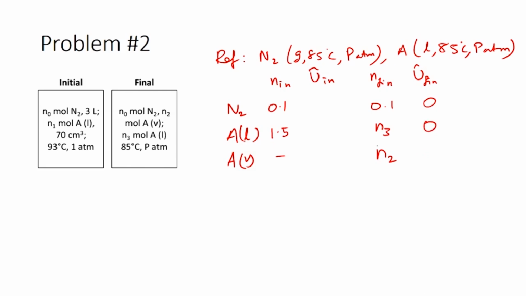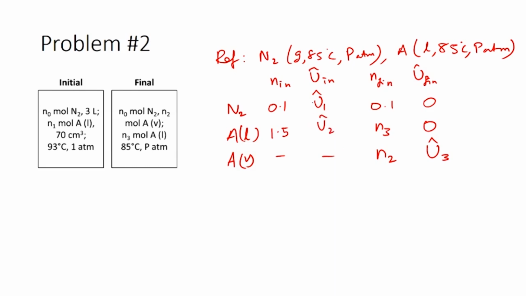However, the final condition for A vapor would have an internal energy that needs to be calculated, and similarly you would have internal energies for these two terms that have to be calculated. So, we are calling them U1 cap, U2 cap and U3 cap. So, we need to account for U1 cap, U2 cap and U3 cap.